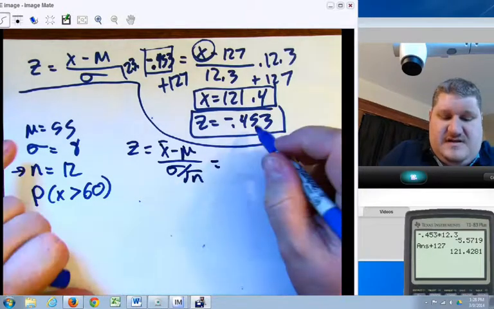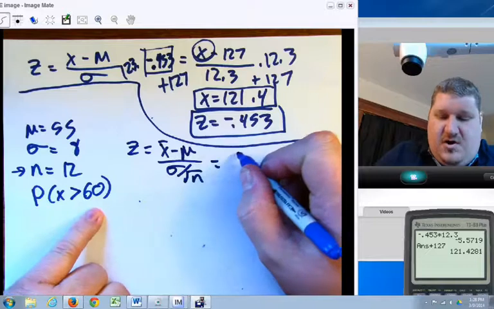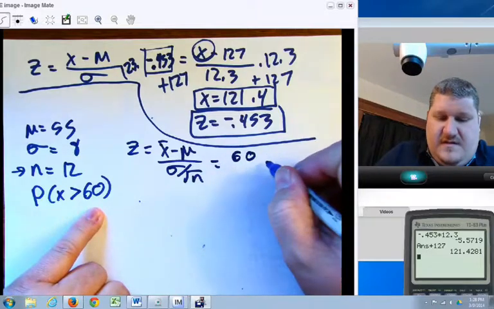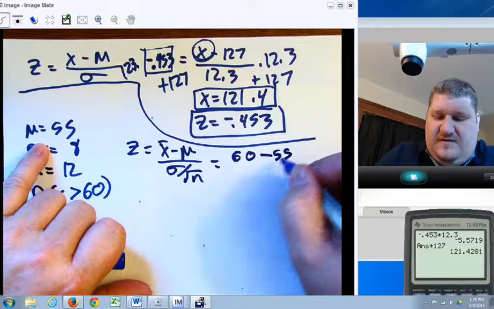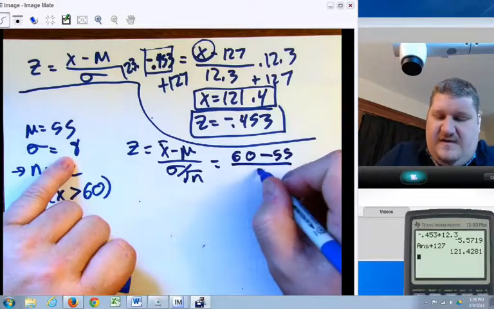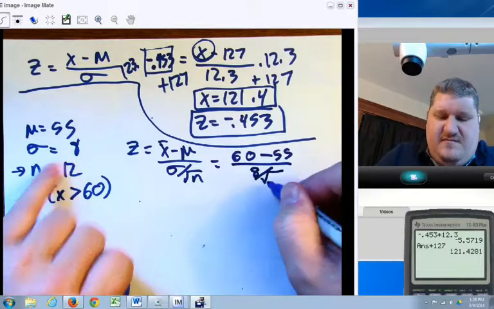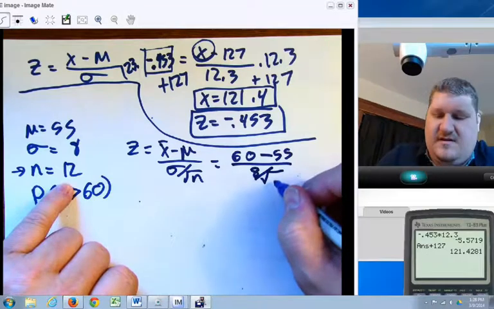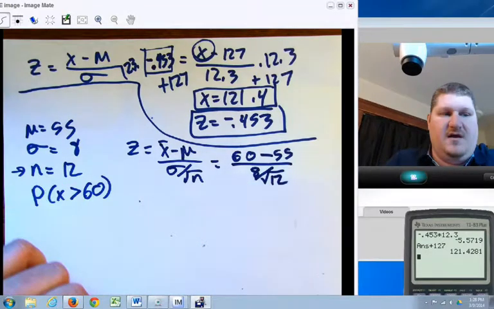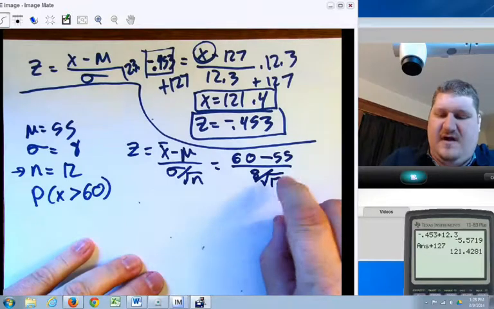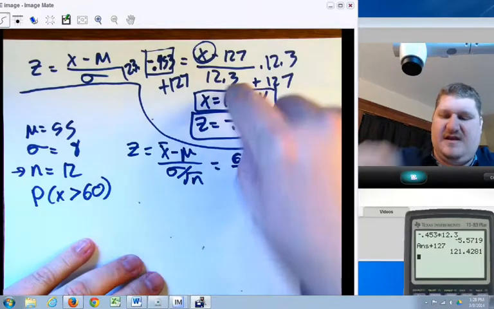So in this case, we want to know our cost, 60, minus the average cost, 55, over the standard deviation of 8, divided by the square root of 12, since we're repairing them in groups of 12. So in this case, we have this divide by square root of n, which we didn't have up there.